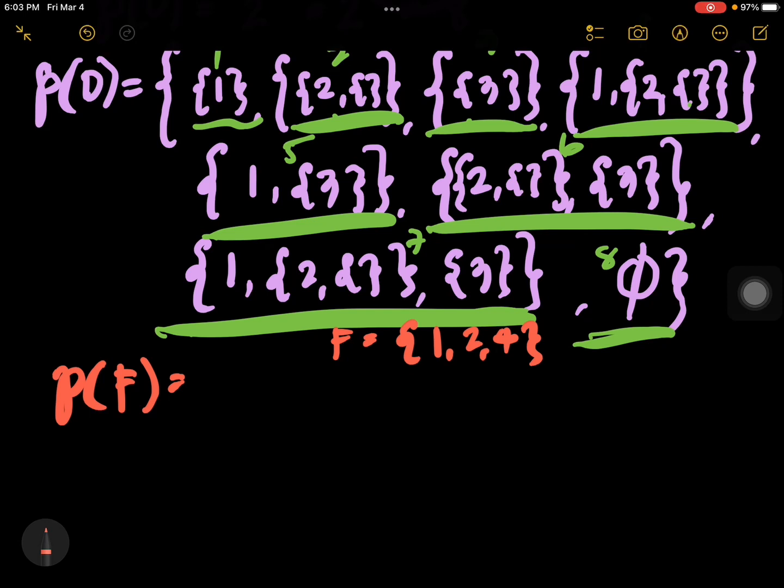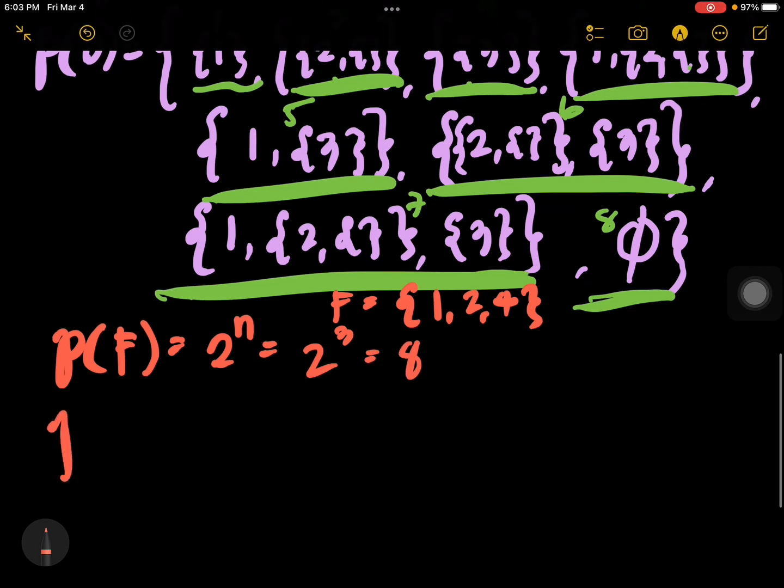Okay, so the power set is 2 raised to the power of n. Well, obviously, the last example I have given is a bit easier. So 8.